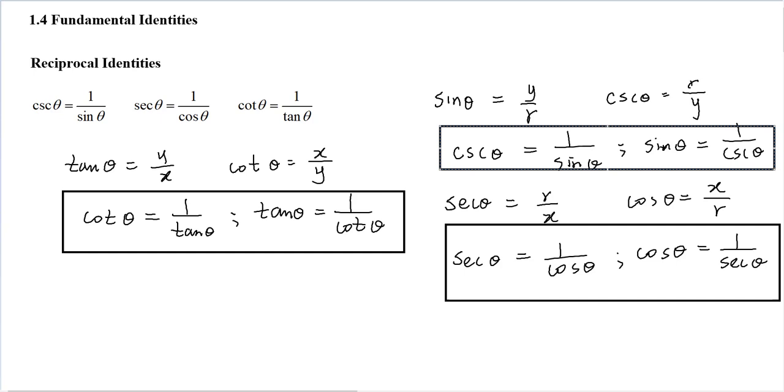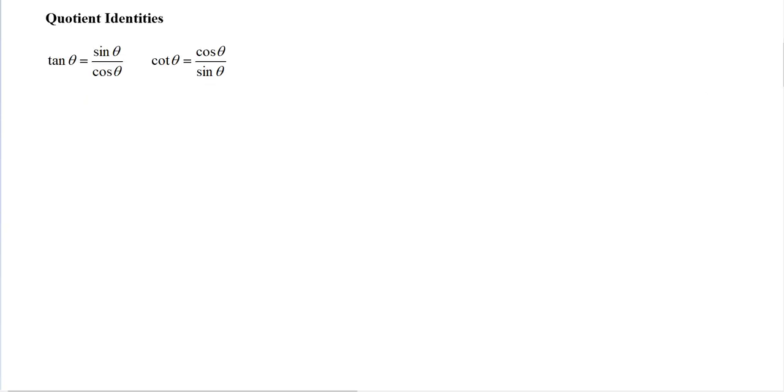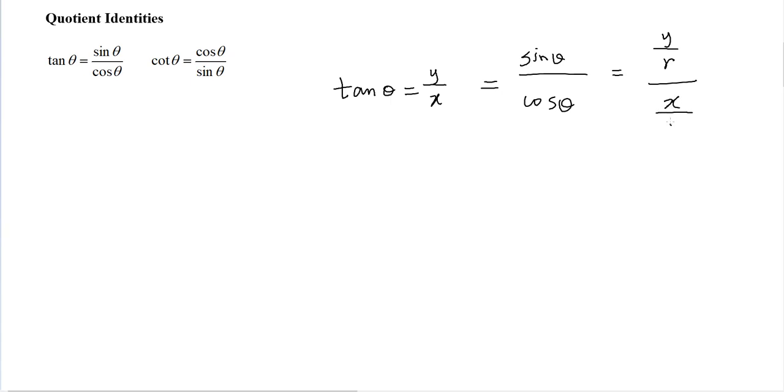And now these two are called quotient identities. See, tangent theta is y over x, which can be achieved by sine theta over cosine theta, because sine theta is y over r, and cosine theta is x over r.